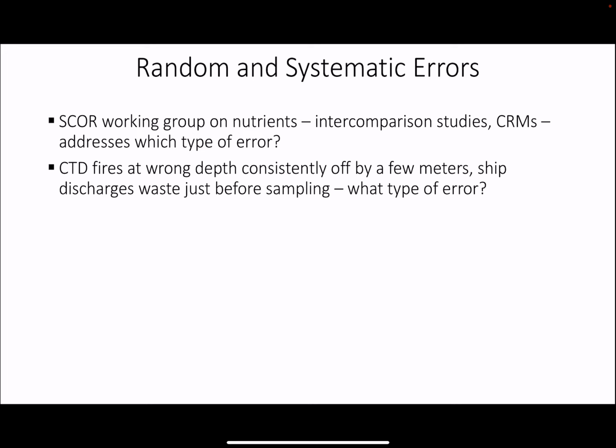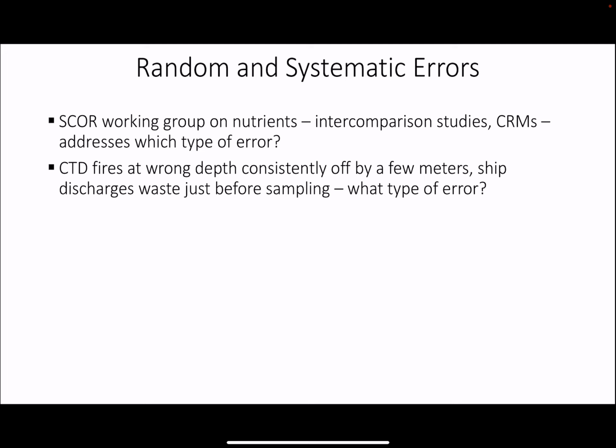And so what type of error, if you think about what we learned before, is this process trying to eliminate? Systematic errors, right? That might be occurring because there's just an error in the laboratory measurement. Now, the second thing would be, let's say the CTD consistently fires at the wrong depth. So every time you think you're firing at 5 meters, it's actually firing at 8 meters. Or the ship discharges water or waste just before sampling.